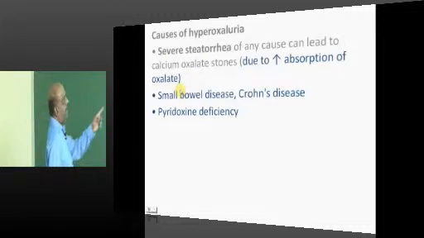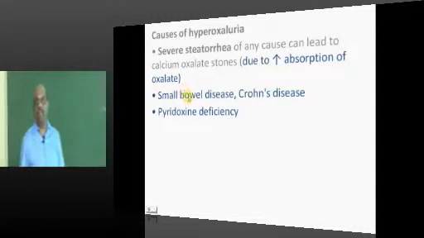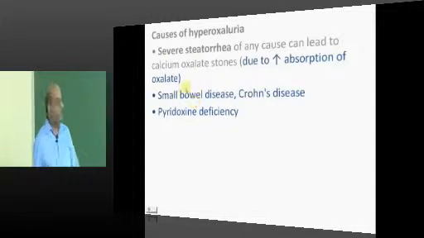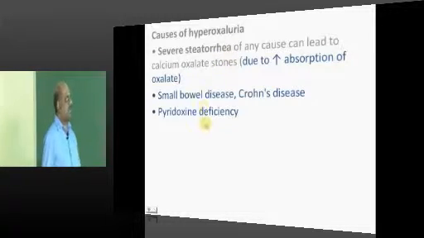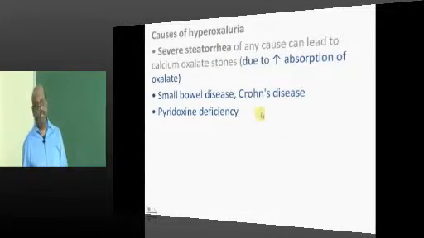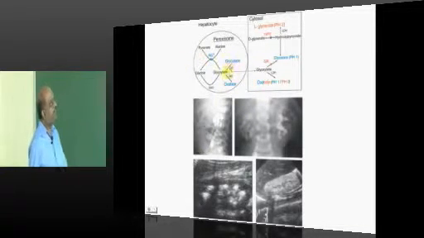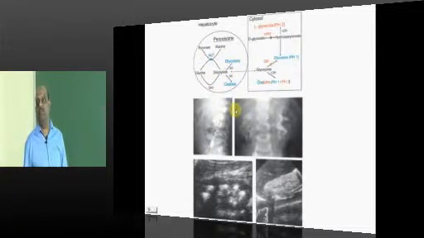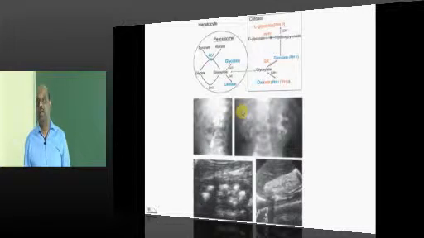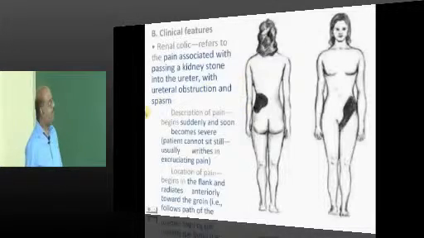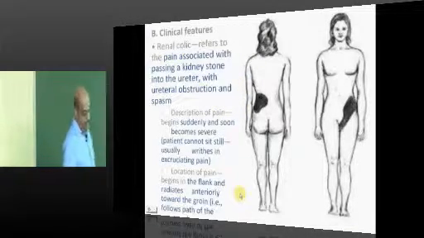Steatorrhea can lead to increased absorption of oxalate, and that leads to development of calcium oxalate stones. Any small bowel disease, Crohn's disease, or pyridoxine deficiency, any of them, because pyridoxine is one of the important coenzymes required in the metabolism of oxalic acid, is what we need to remember.